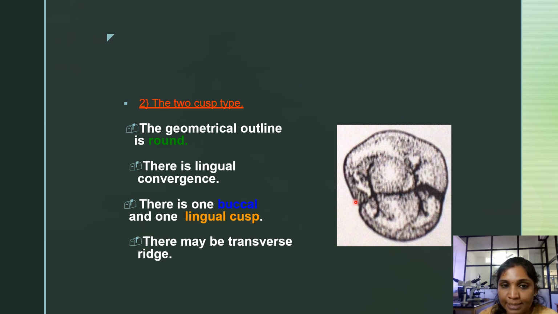Coming to the 2 cusp type, the geometrical outline is round and there is lingual convergence seen here. This side is shorter compared to the buccal side, and there is 1 buccal and 1 lingual cusp and there may be a transverse ridge present.